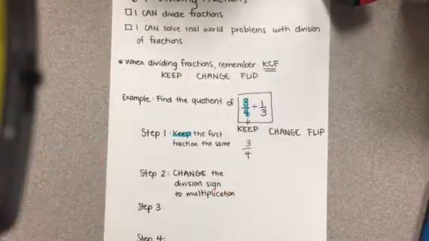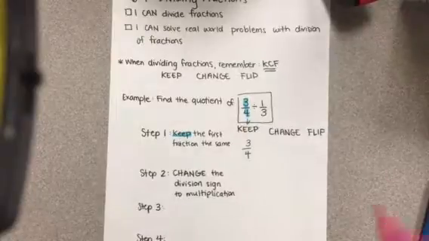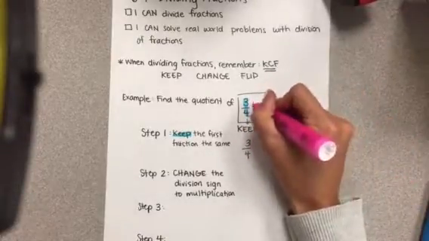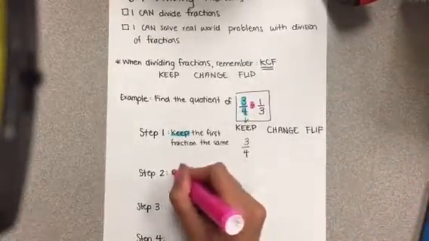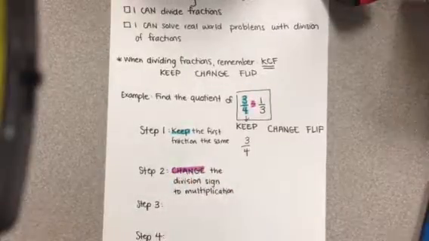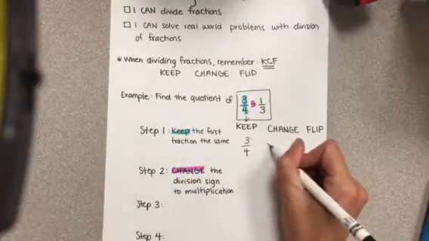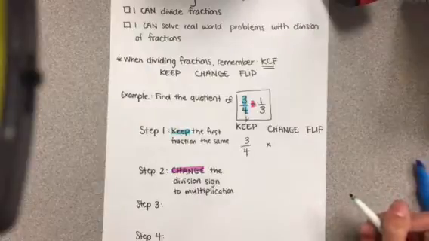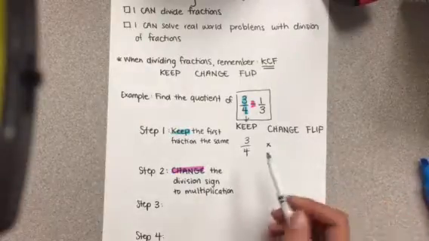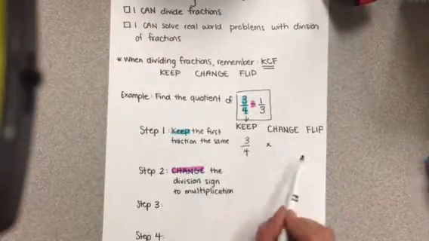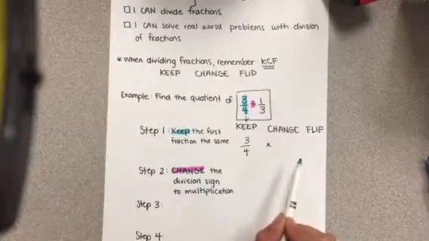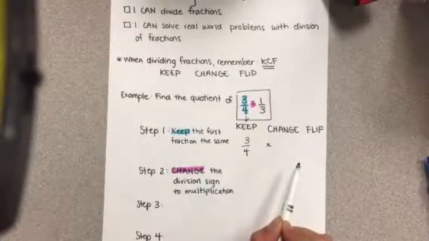So what I'm looking at here is I'm actually going to do something a little different. I'm going to take this division and I'm going to change that division sign and make it into a multiplication sign. Because what I'm ultimately going to do here is multiply these fractions across, which is what we have been practicing in previous lessons.